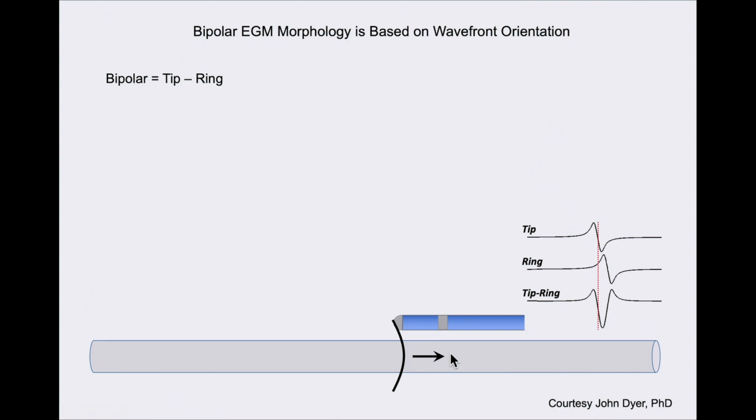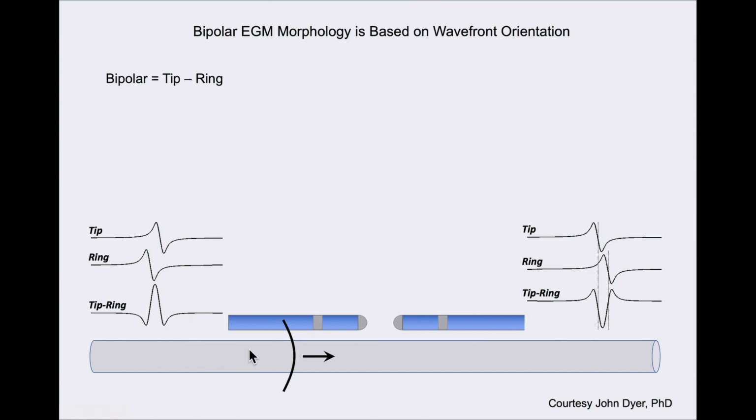And then as the wave crosses the second electrode, we'll see the component that comes from the second electrode. Remember, we're going to invert this. And so if you invert this, it will be an upstroke. And so the second component is going to be an upstroke. And that will give us an M shape to the bipolar electrogram.